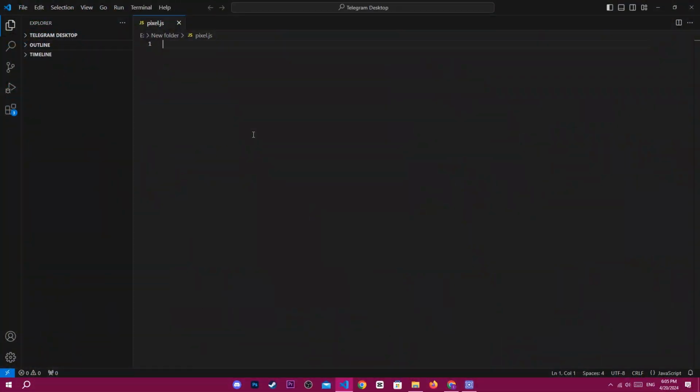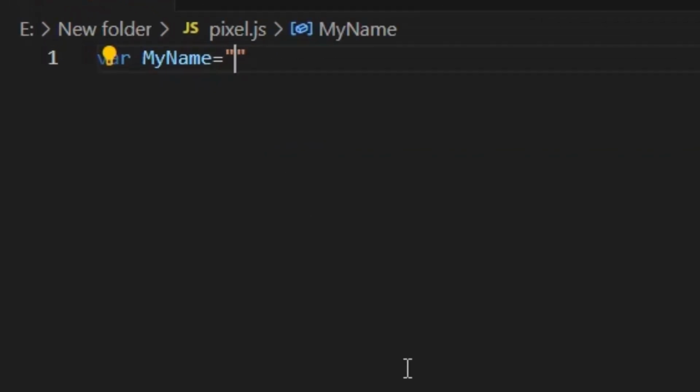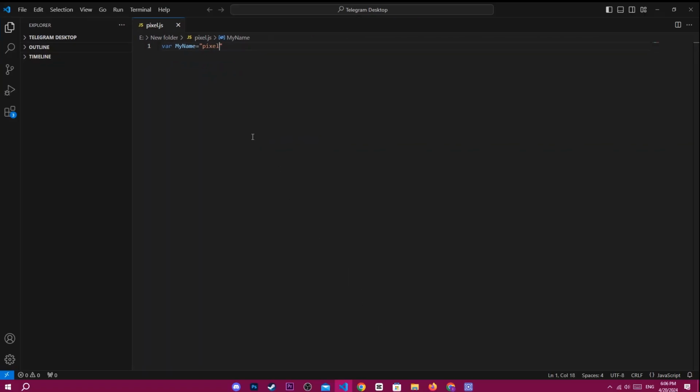The first rule you're gonna learn is Pascal case, which says that the first letter of every word of a variable you name should be capital, just like you see here. For example, this variable. As you can see, the first letter of these two words are capital.